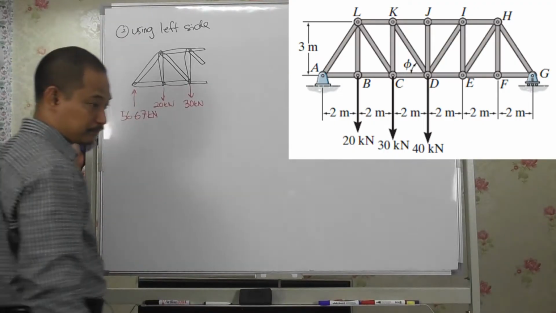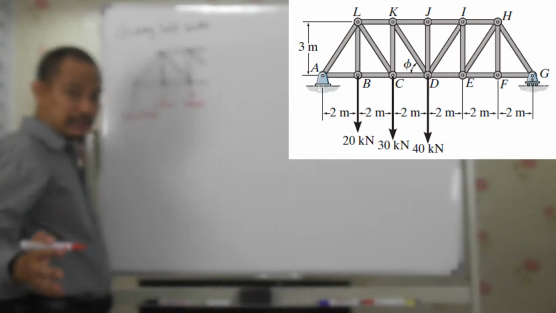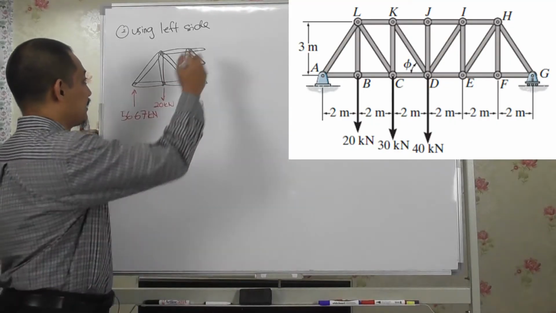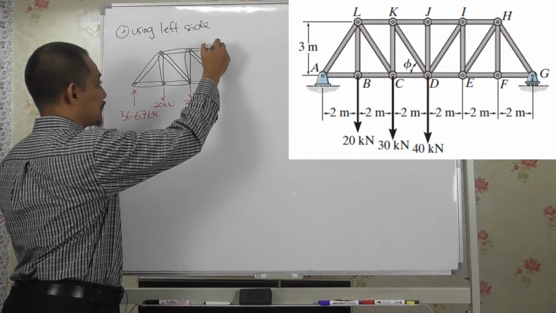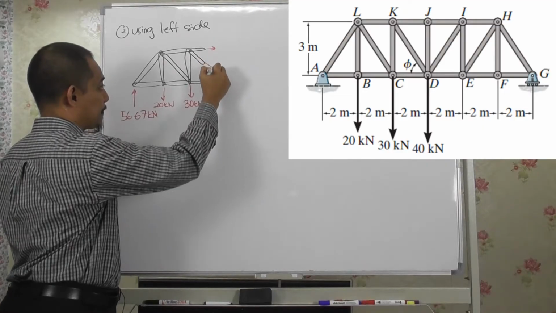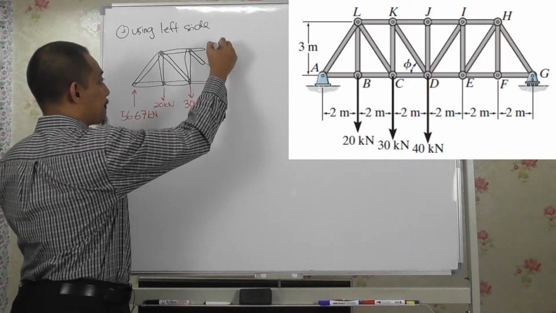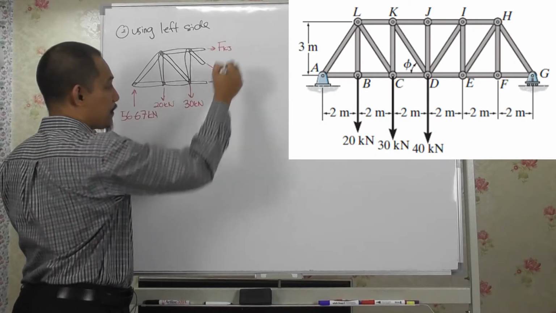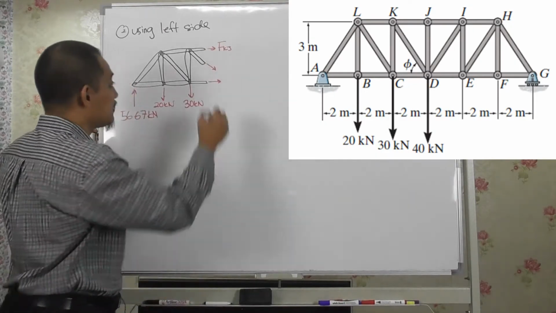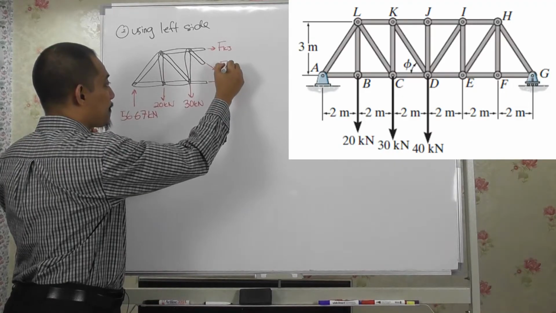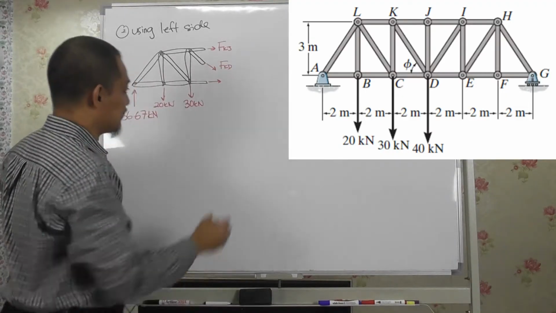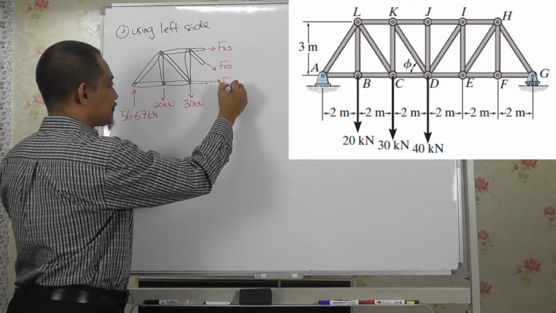And then if I assume everything is tension, meaning everything is outside, it will be like that, right? So that is FKJ, that is FKD, and that is FCD, right?